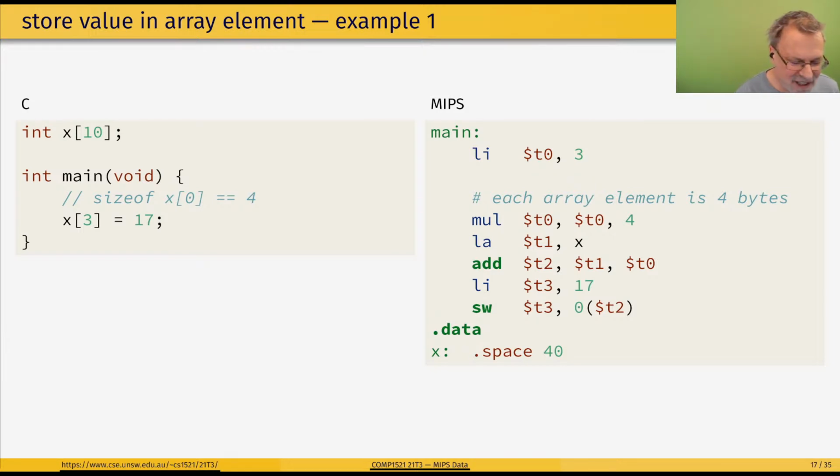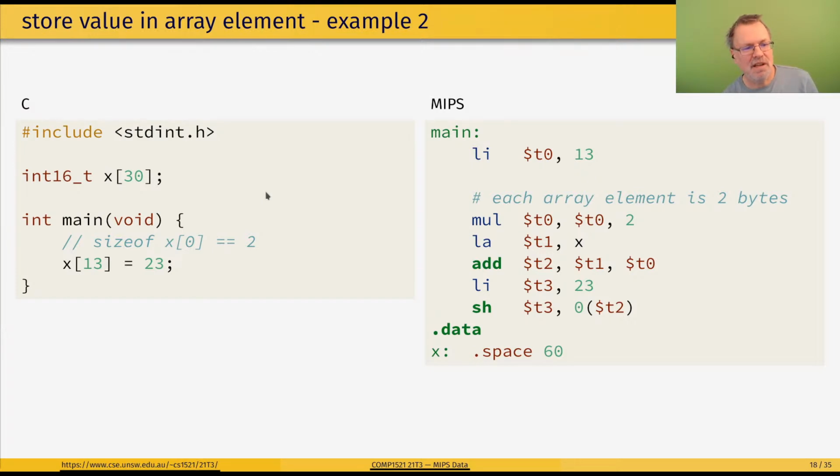Well, I guess we could pre-compute this if you wanted, but in general that doesn't help us because it's not fixed when we were actually writing the program. It's a calculation that depends on other things, and we instead have to do an add. All right, so that's storing a value in an array element.